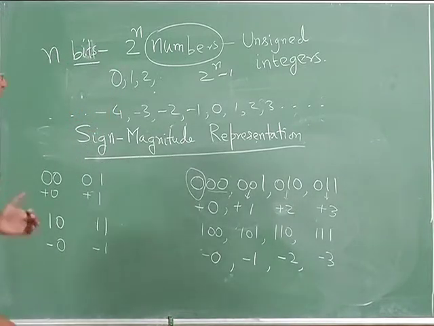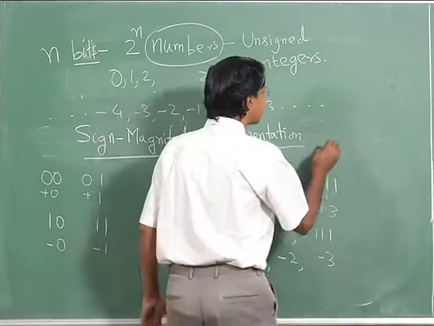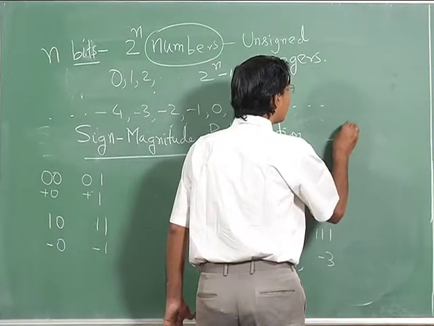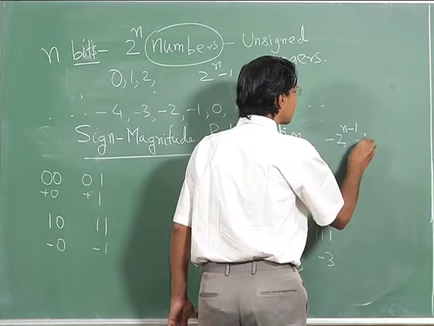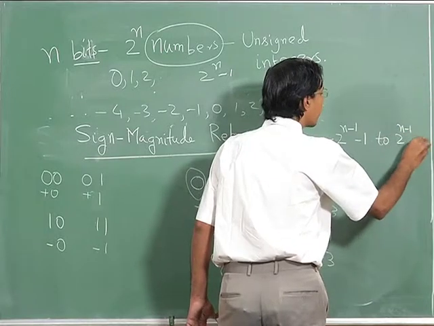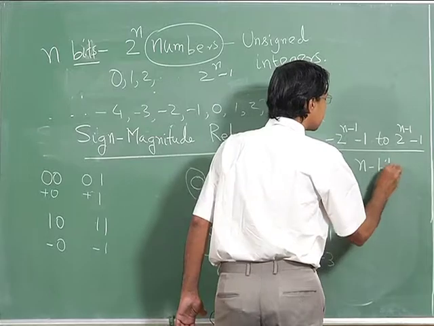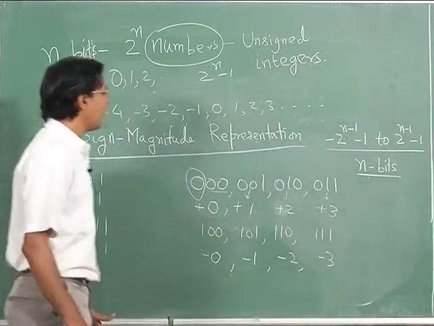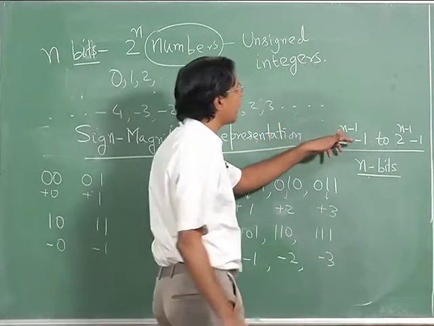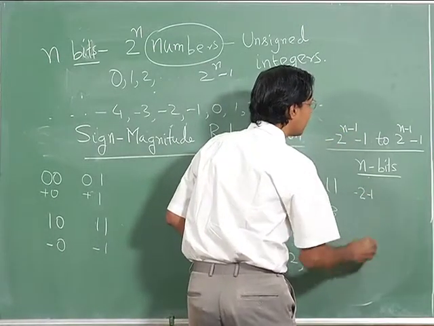So using a sign magnitude representation, the range that I could represent is minus of 2 power n minus 1, minus 1, to 2 power n minus 1, minus 1, using n bits.